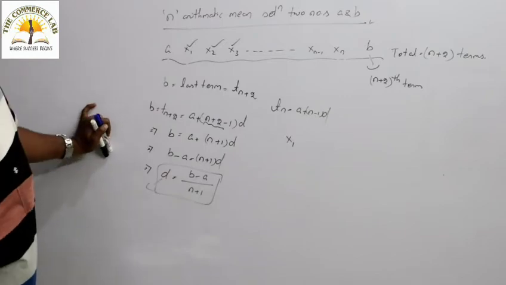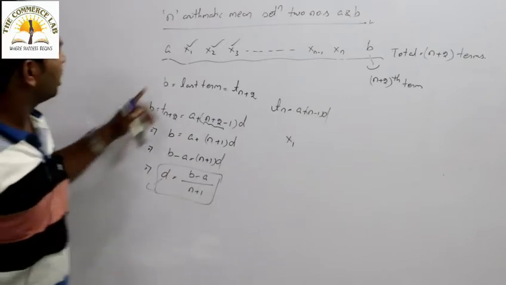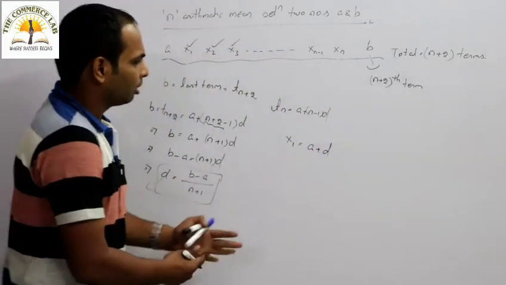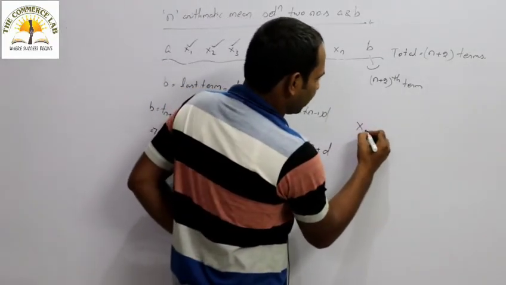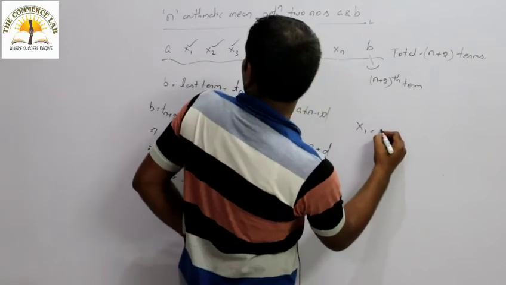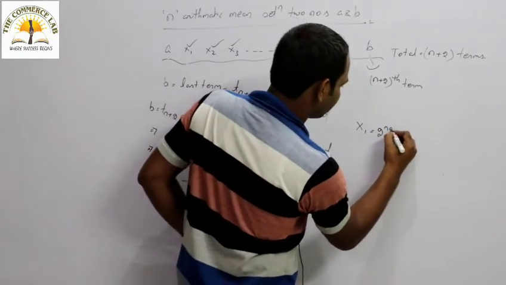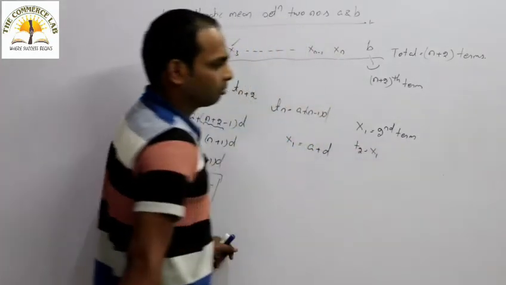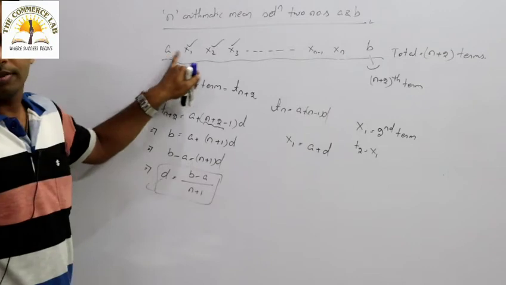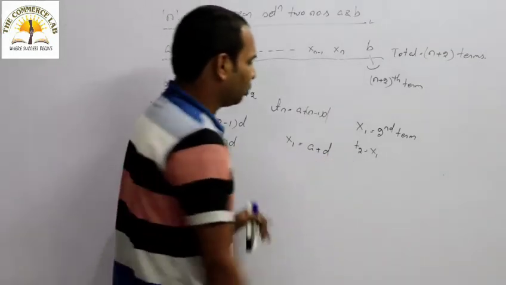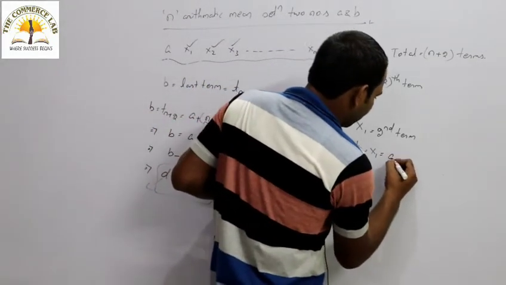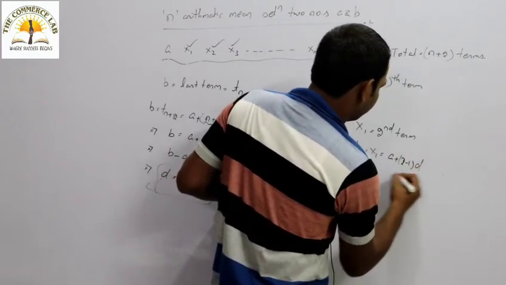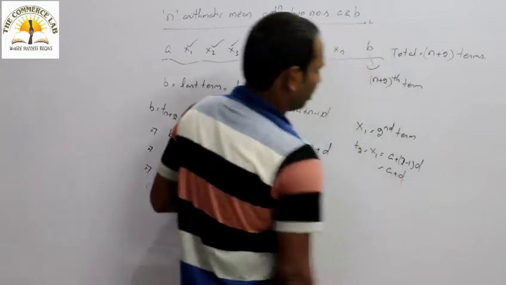x1 is your a plus d, or x1 is the second term. That means T2 is equal to x1. a is your first term, x1 is your second term. So T2 equal to a plus 2 minus 1 into d, a plus d.